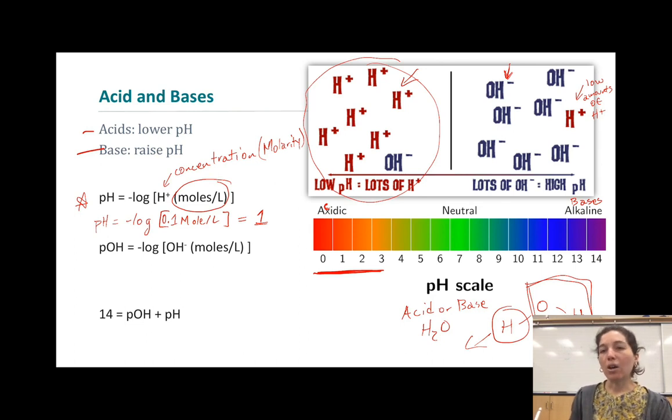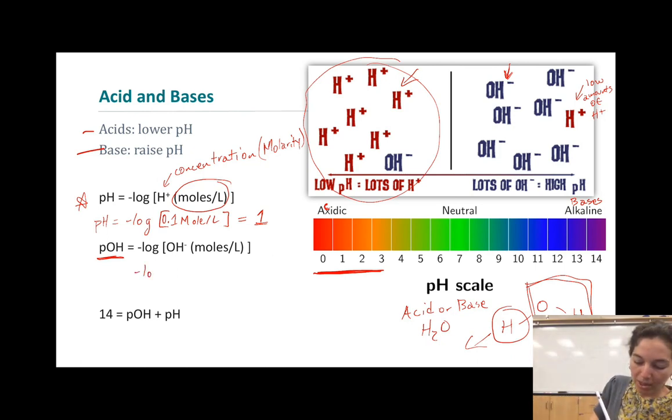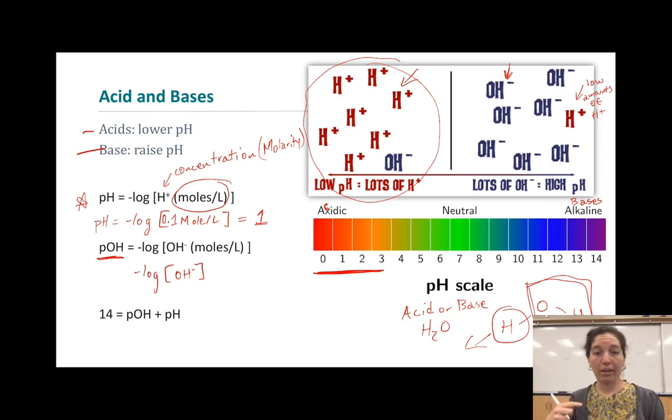So we have this thing called pOH, which is also related to our pH. It is very similar in calculation to our pH. It's the negative log of your concentration of your OH minus ions, so moles per liter of OH. What's interesting about this is it's the inverse of our pH.